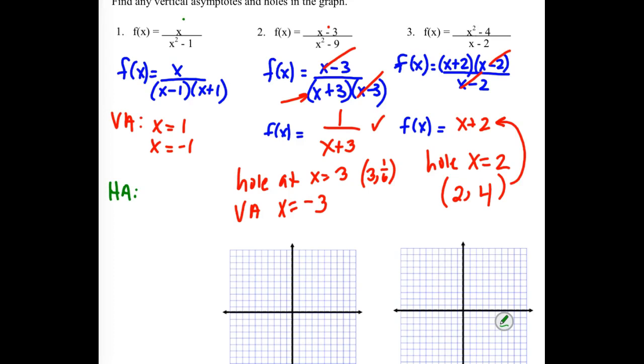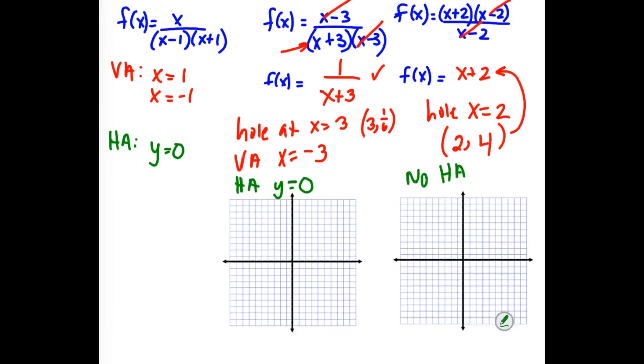Degree here is 1. Bottom degree is 2. So when the top's small, y equals 0. Second one. Do we have the same situation where the top degree is smaller? Okay. So we have a horizontal asymptote at 0. And for the third one, we don't have one, do we? Okay.